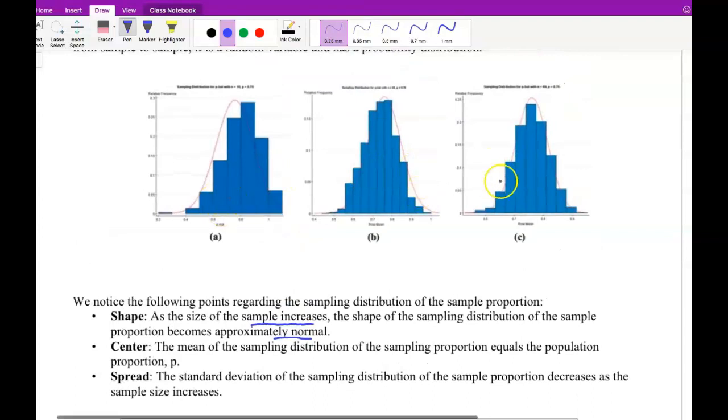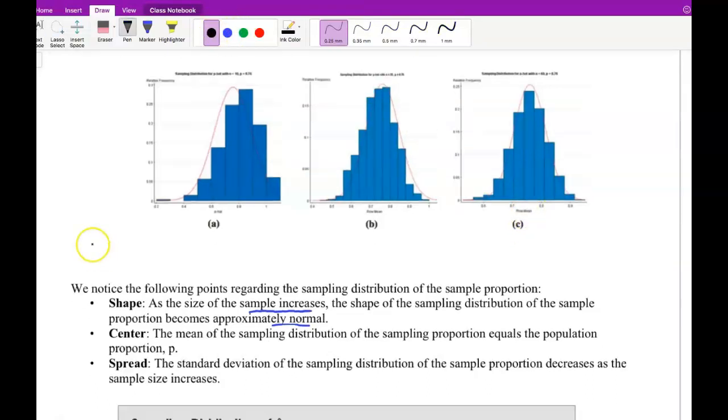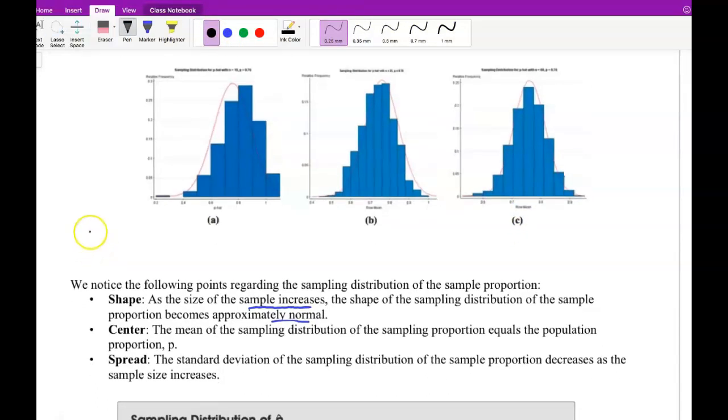For example, this one is normal. If I have a sample size n equal to 10, then p equal to 0.76. So this is the population proportion.